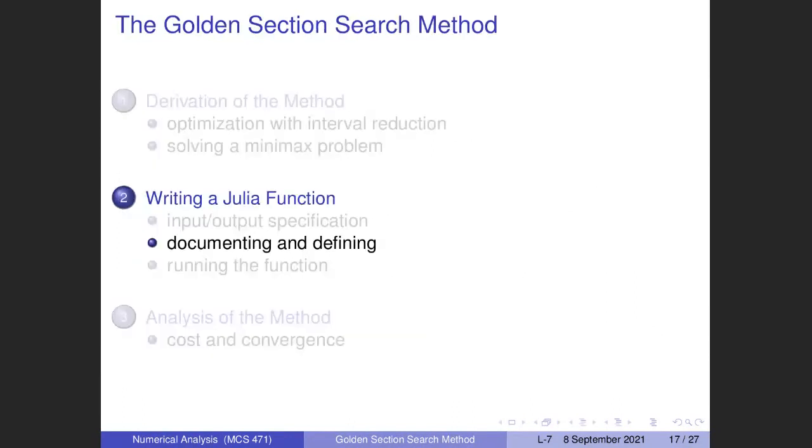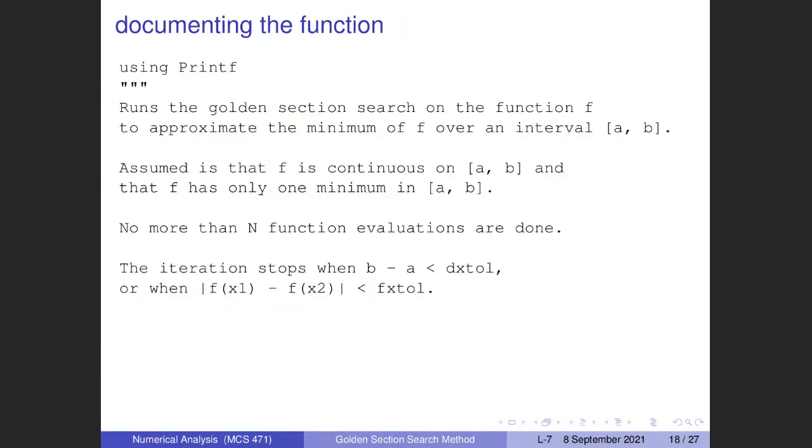Julia is nice in the sense that it invites you to document functions before you write them, even before you get to the prototype. So we repeat the specification of this function. We are looking for the minimum of a continuous function defined over an interval.